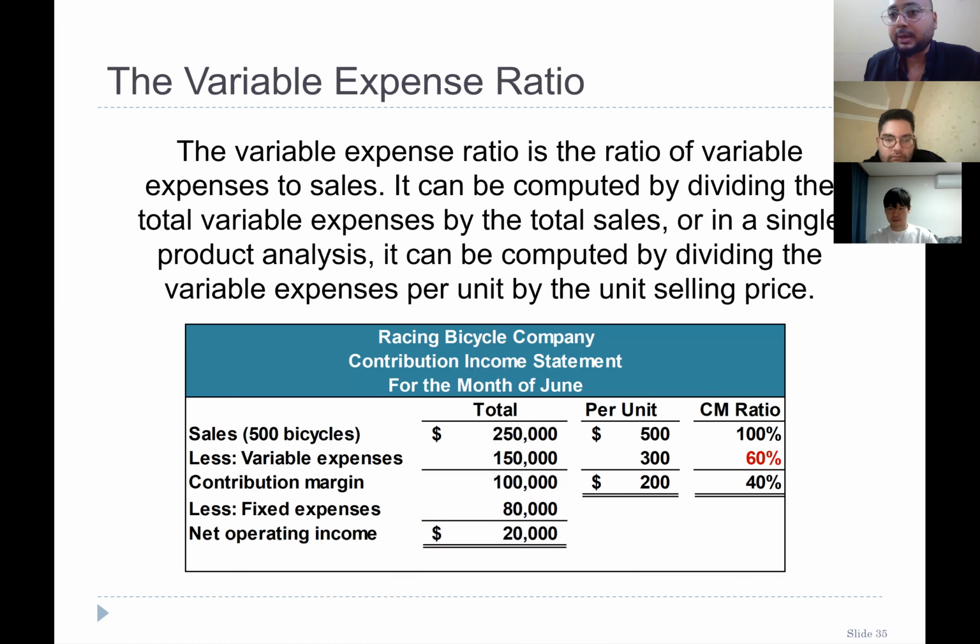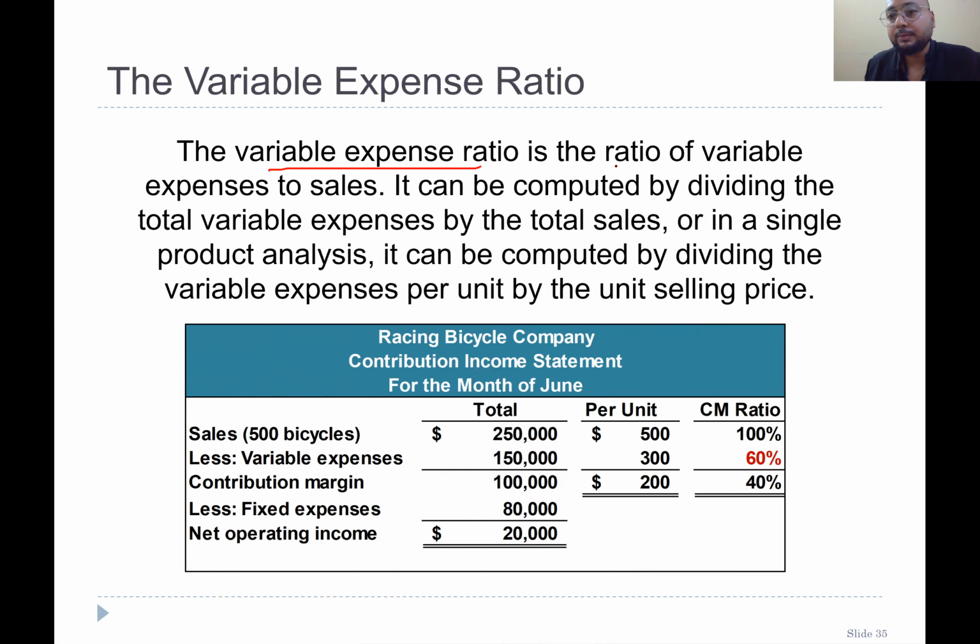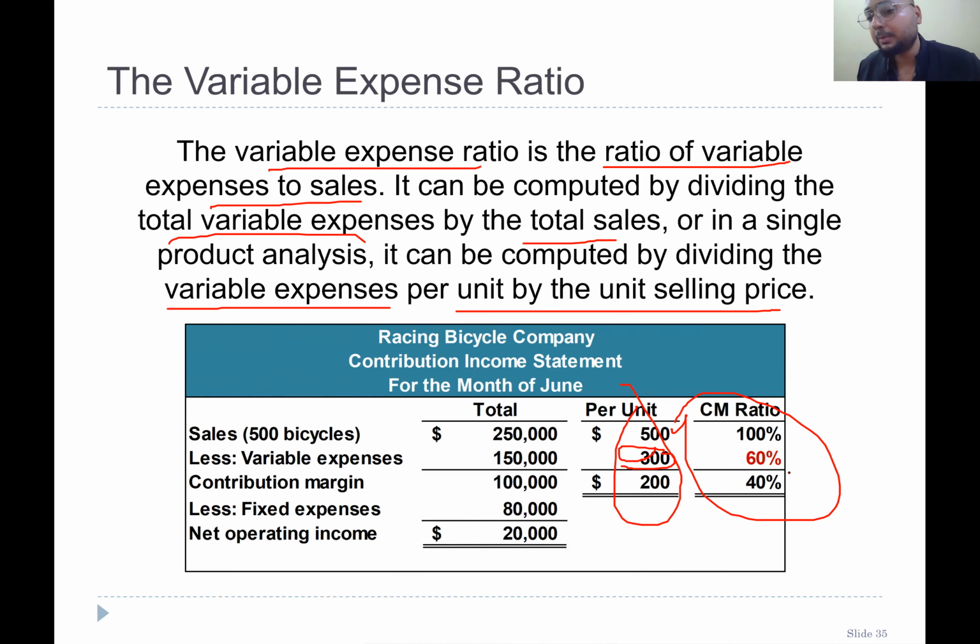So the variable expense ratio is the ratio of variable cost divided by sales, right? We can also calculate it unit-wise, or ratio-wise. The ratio is the same: total variable expense divided by sales, or in units, variable expense per unit divided by unit selling price.